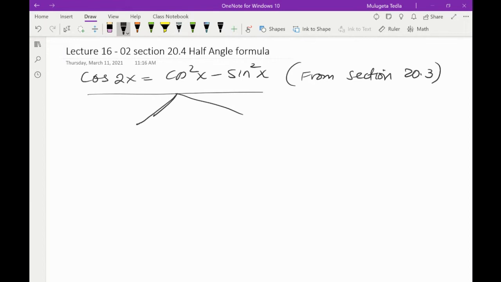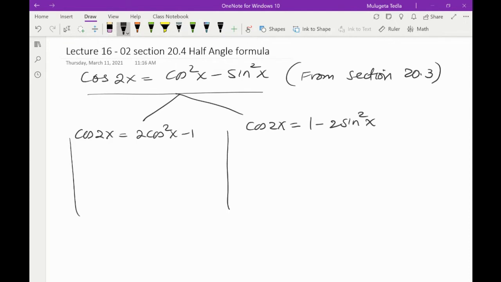This relationship of cos of 2x, what was the one? It is 2 cos squared of x minus 1. The other one was cos of 2x equal to 1 minus 2 sine squared of x. Isn't it? Remember, we had 3 versions of cos 2x. So this line will give me a relationship for the cos squared. Let's solve for cos squared from here.